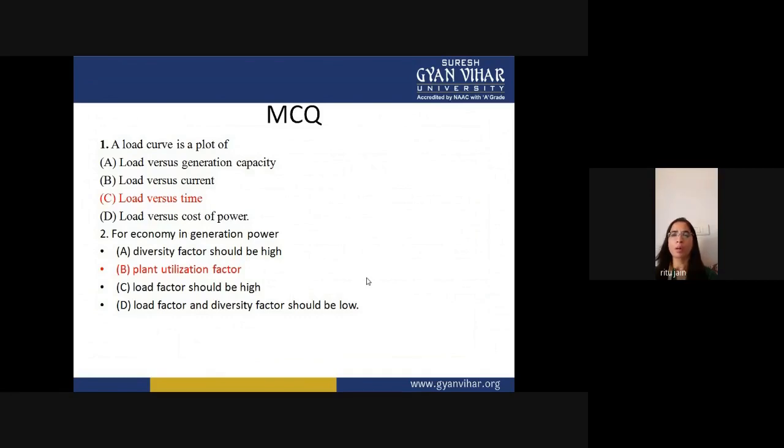For economical power generation, your plant utilization factor must be high, because if your plant has the capacity of 500 kilowatt and you are generating only 200 kilowatt, then the plant capacity is not fully utilized. So for economy in generation of power, the plant utilization factor must be high.